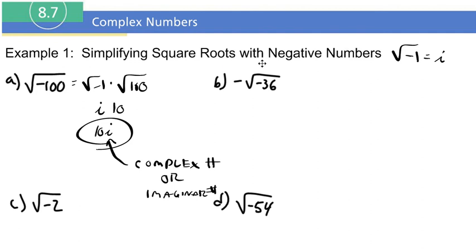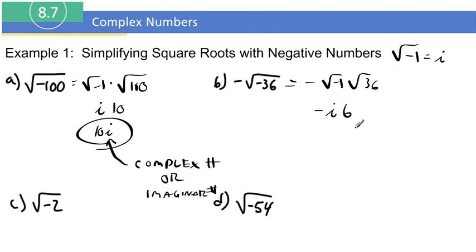Over here, we have negative the square root of negative 36. We can think of this as negative times the square root of negative 1 times the square root of 36. The square root of negative 1 is i, so that's negative i, and the square root of 36 is 6.